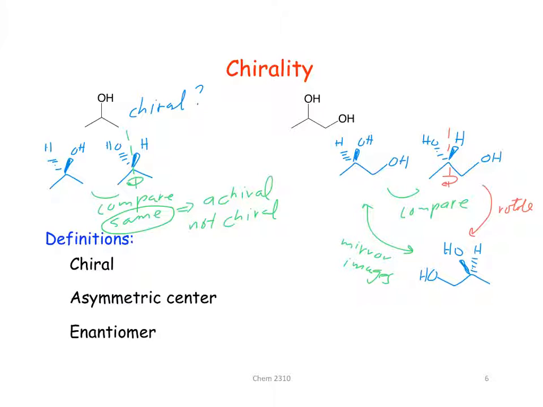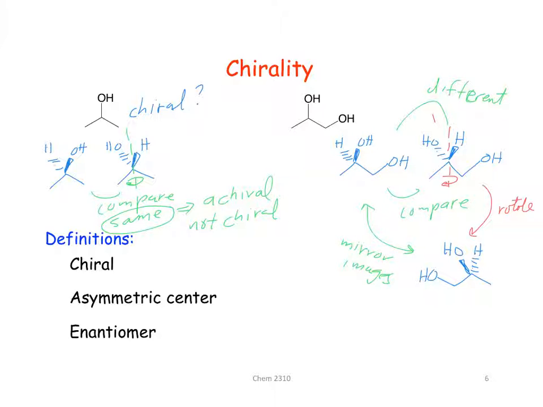Okay, are these top two compounds the same or are they different? These two. Alright, those two are different. Right, because if we tried to take this one right here and slide it right over on top of this, the carbon chain and this OH would overlap nicely, but the H and the OH would be backwards.